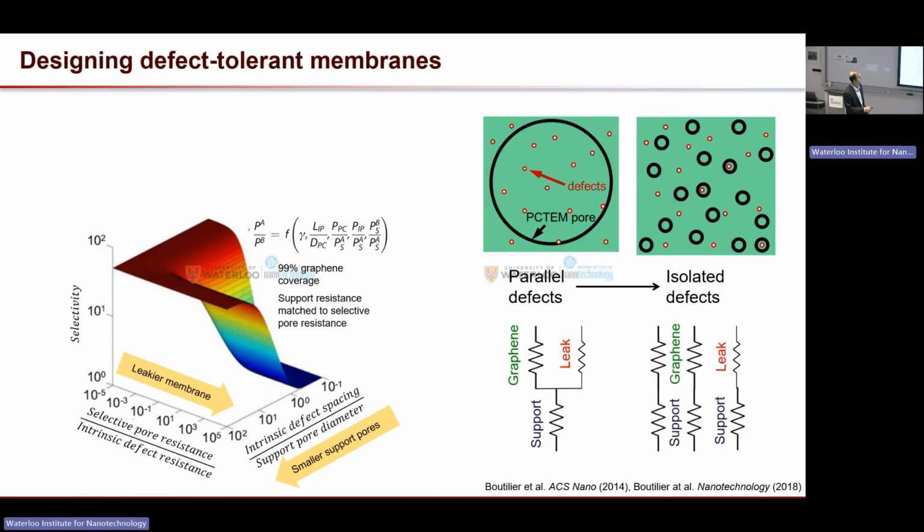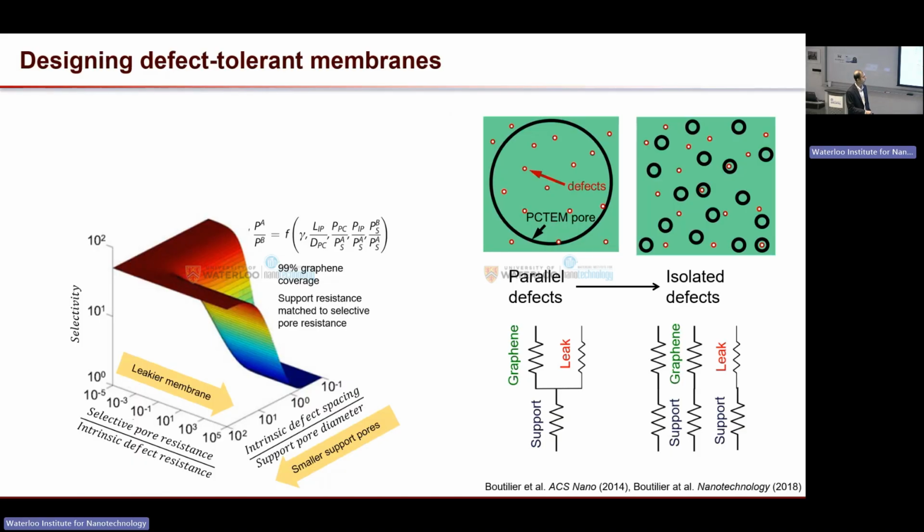Now, in this configuration, if you focus on this, we have flow through graphene. So all of this area of graphene is in parallel with flow through these leakages in series with support. If the graphene resistance is high, leakage dominates, nothing works. But if we isolate these leakages, so let's say the pores of the support are smaller, then you have this configuration and the leakage is in series with the support.